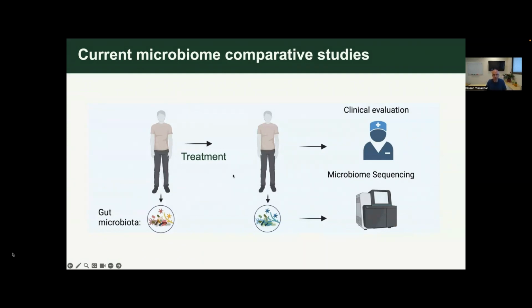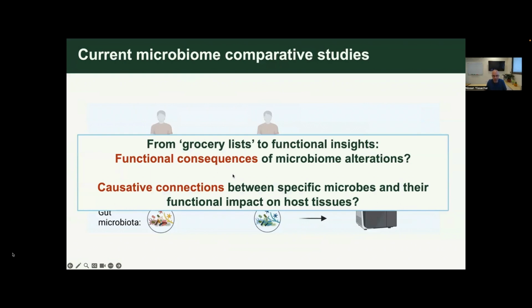The more difficult question to answer is, what does it mean? What are the functional consequences of these changes to microbiome composition? And can we identify causative connections between specific bacterial taxa and a specific set of genes or functions within the gut tissue? So how can we move from these long grocery lists that we get from sequencing to actual functional insights in the gut?